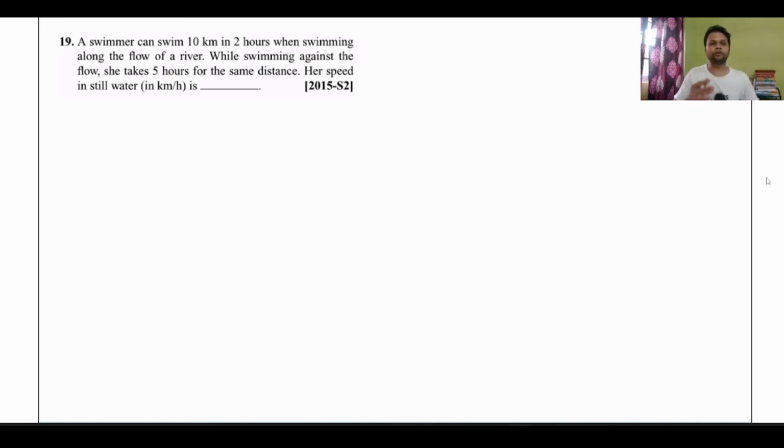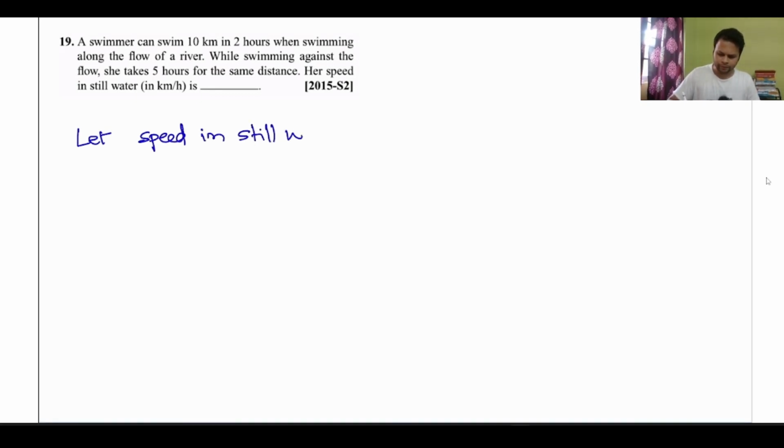So let me assume that the speed of the swimmer in still water is equal to x. If speed in still water is x, what will be the speed along the flow? Let me say speed of the river is equal to y.